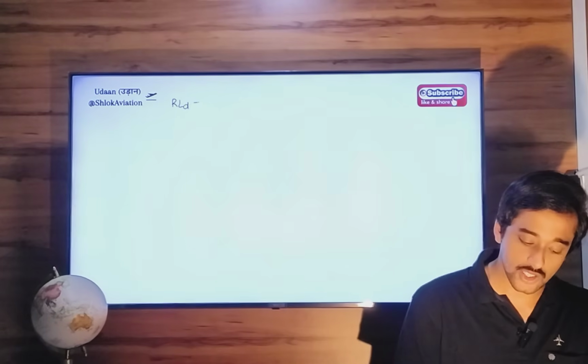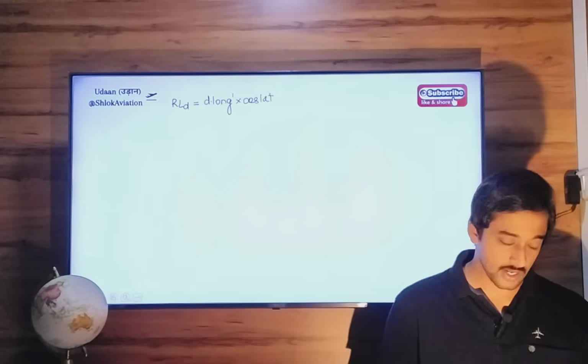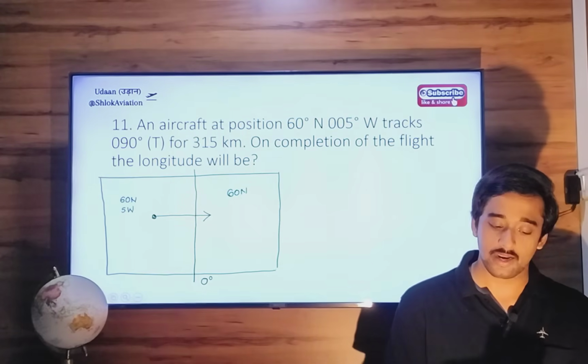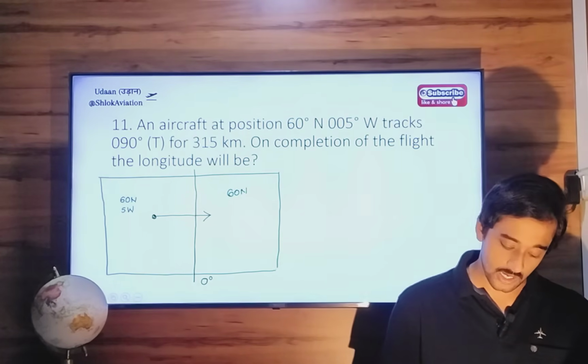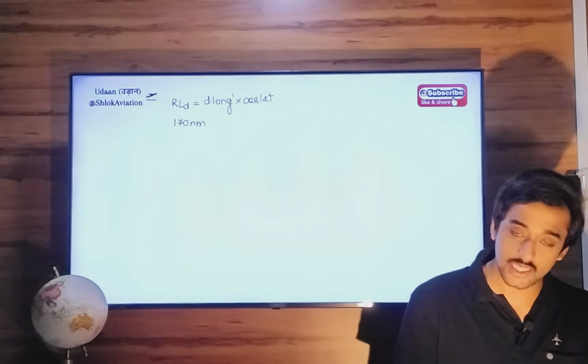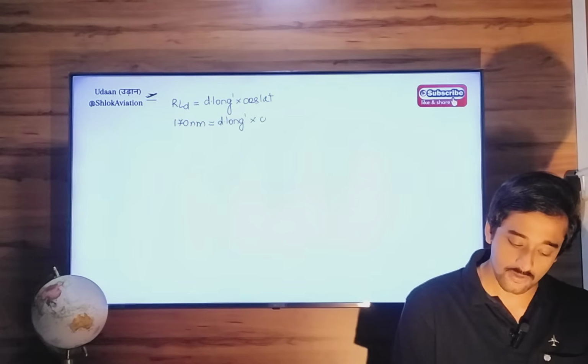Rhumb line distance equals d long in minutes into cos lat. Here the rhumb line distance is 315 kilometers. So 315 divided by 1.85 is 170 nautical miles. So 170 nautical miles equals d long in minutes into cos of 60.